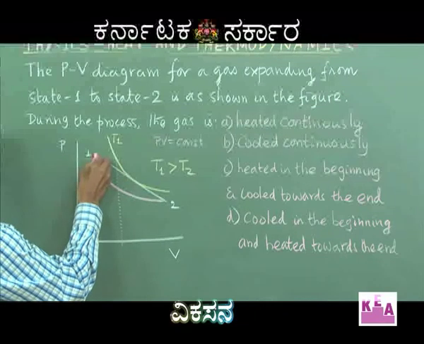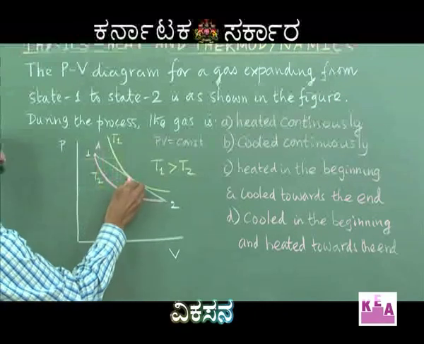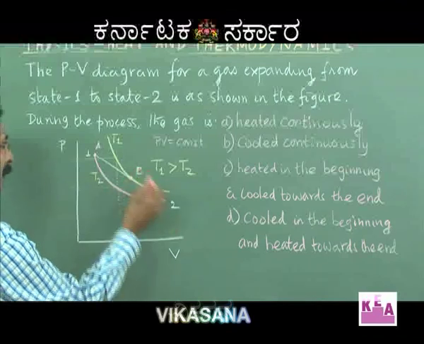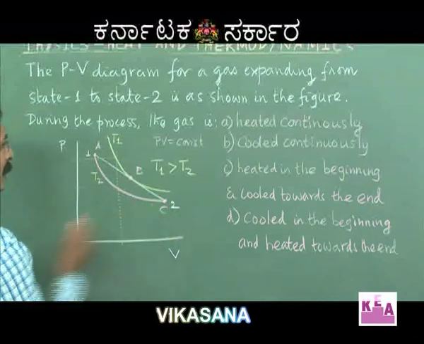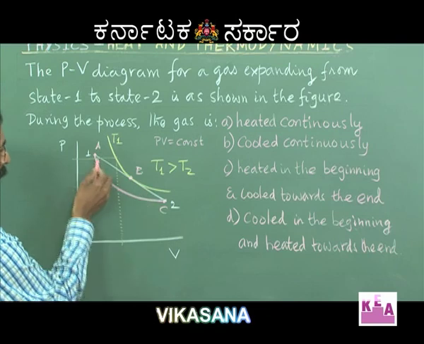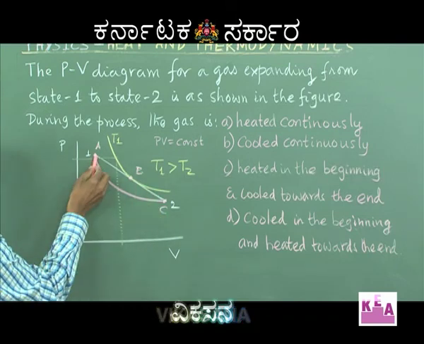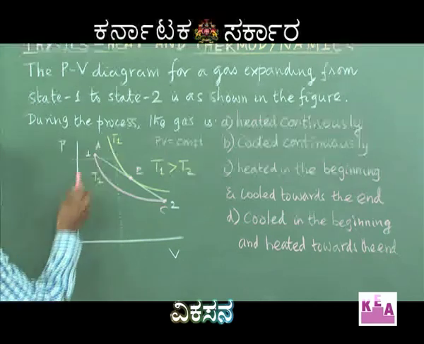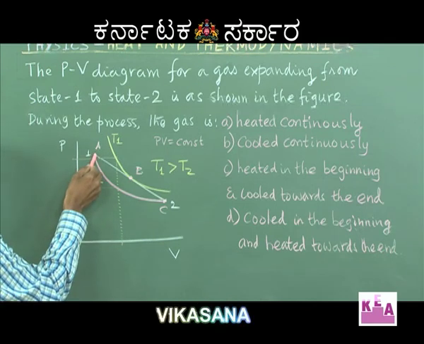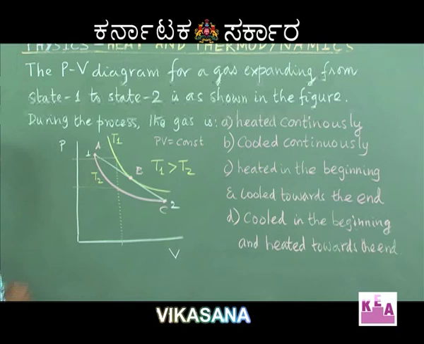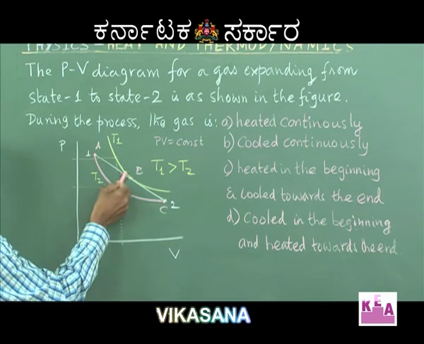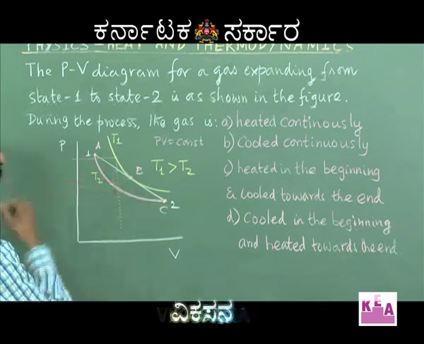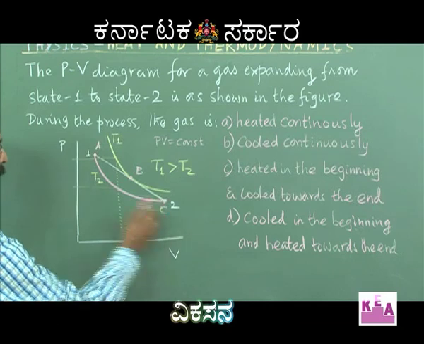Now, I denote this point by A, this point by B and this point by C. The given graph starts at A, goes to B and goes to C. It first touches this isotherm, then it touches this isotherm, then it touches this isotherm.